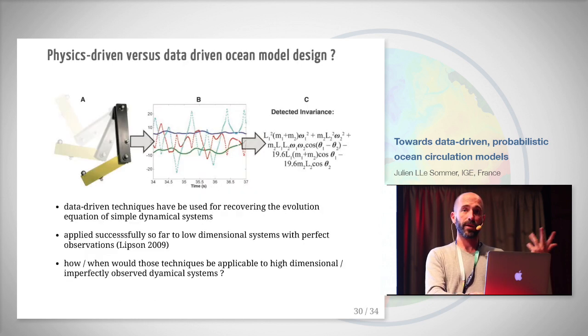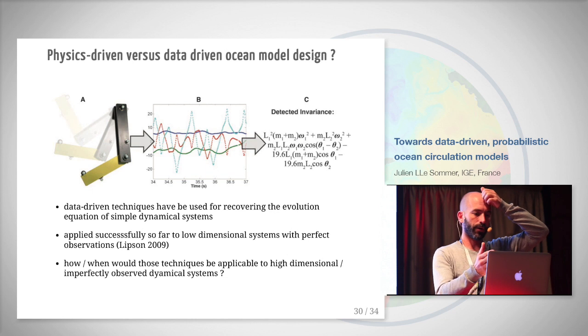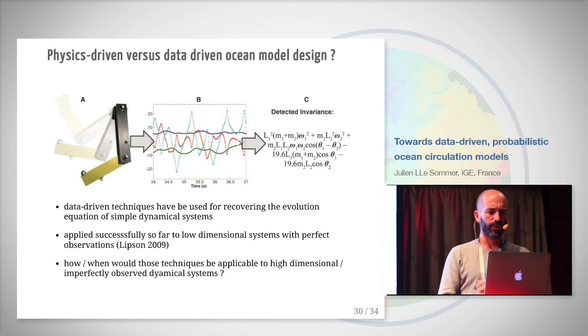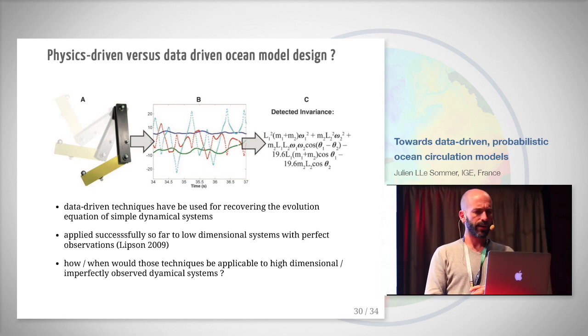And just for you to think a bit about that, you might have seen this paper, which was published 8 years ago in Science. It was kind of a big paper at the time. So basically what those people did, they said, well, would it be possible to estimate what the evolution laws for a dynamical system are from data? Okay?